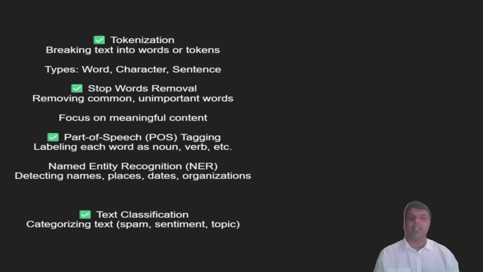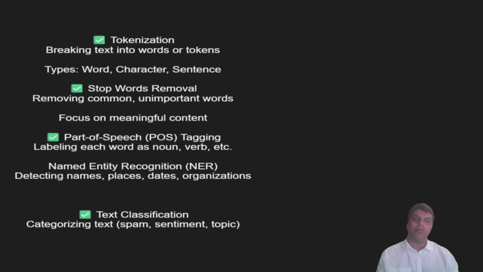So in part one, we will cover these topics. We will start with tokenization, breaking text into words or tokens. Then we will learn about stop words removal. After stop words, we will cover parts of speech tagging, which is called POS.